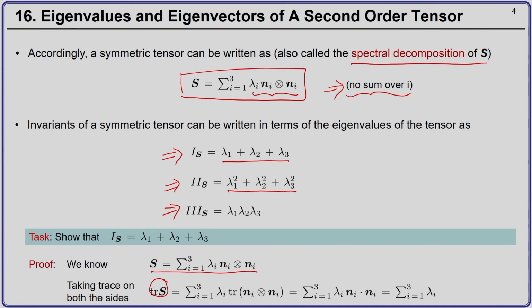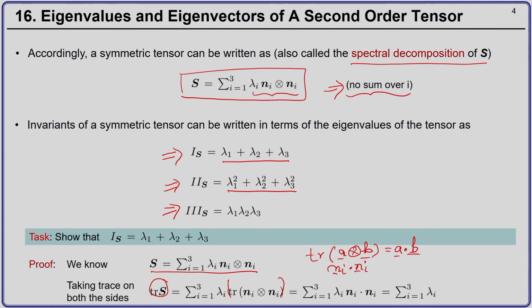Now, we can take the trace inside the bracket, that is here, and we note the property we discussed in the previous slides, that trace of A tensor product B will be equal to A dot B. So, here trace of Ni tensor product Ni will be Ni dot Ni.